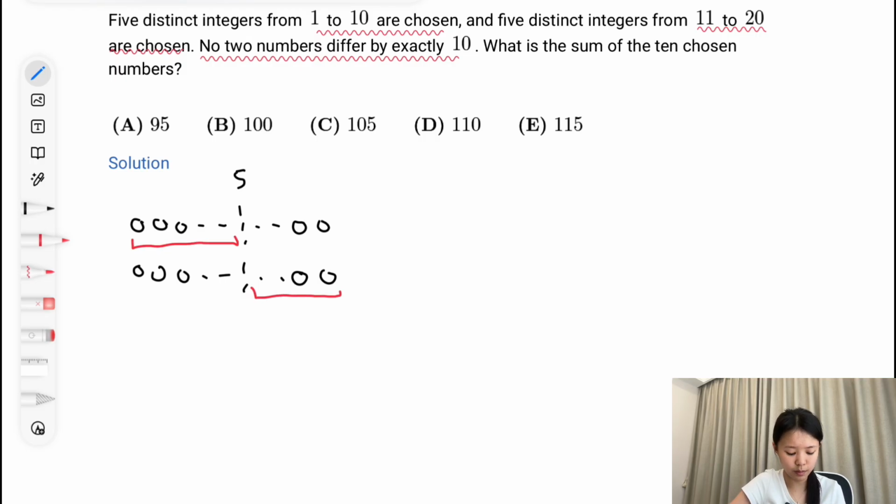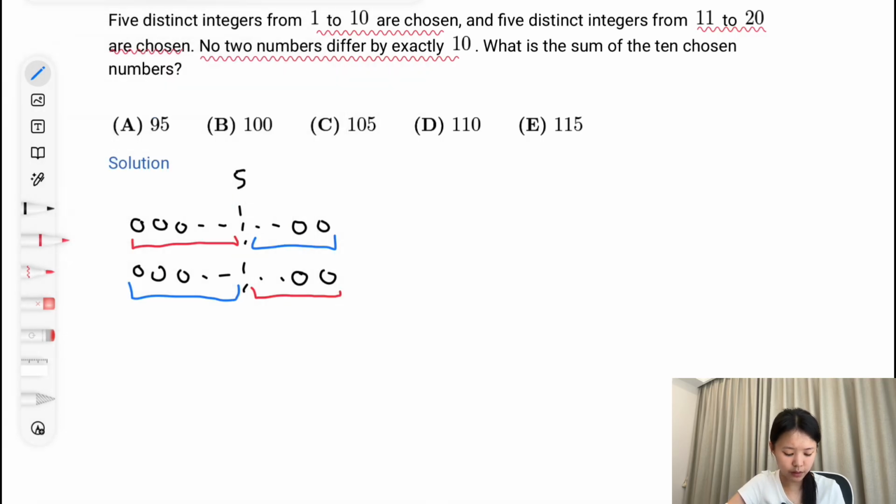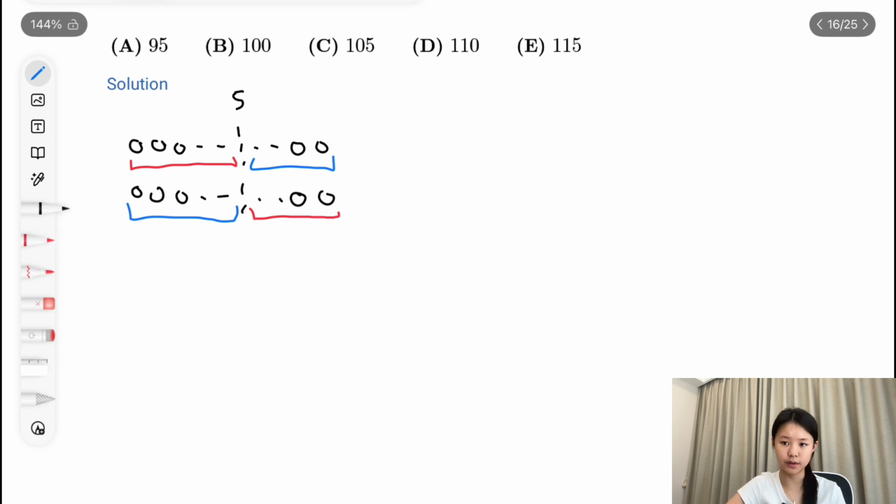Either you choose the red pair or you choose the blue pair here. However, notice that either way, you're going to have the same sum because you have the same number of 10s digits and 1s digits. So either way, we can find the sum and it'll be the same.